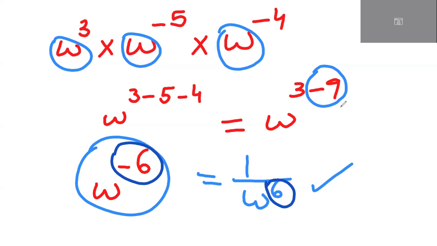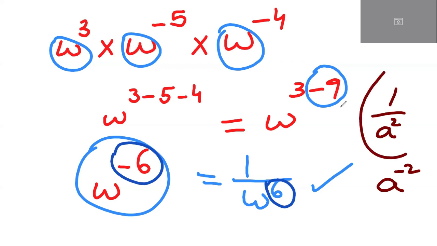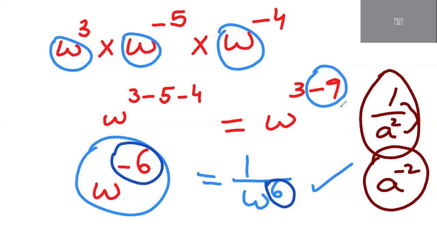For example, you can see like this, 1 upon a square will give you a raised to the power minus 2, because from the denominator, a raised to the power negative 2 is coming in the numerator. So the sign is changed. a raised to the power negative 2.